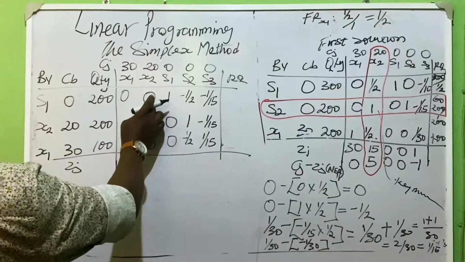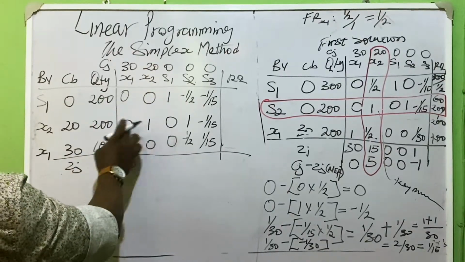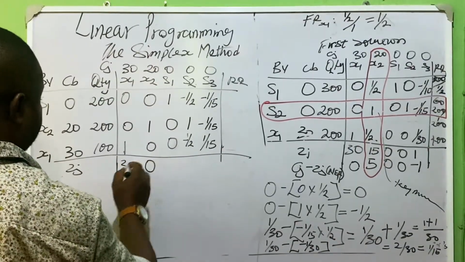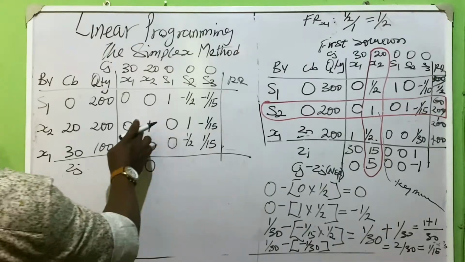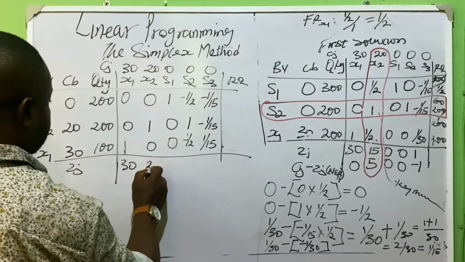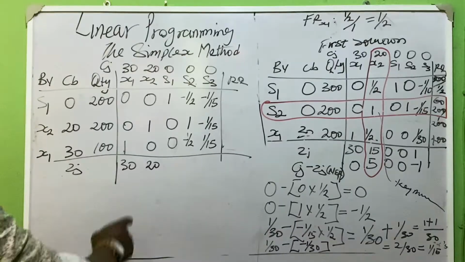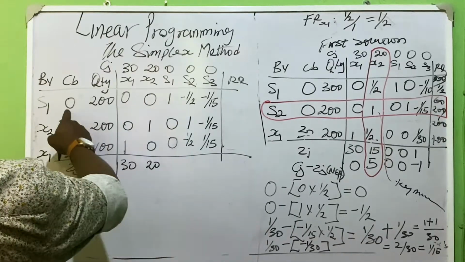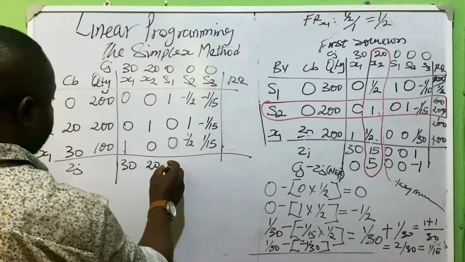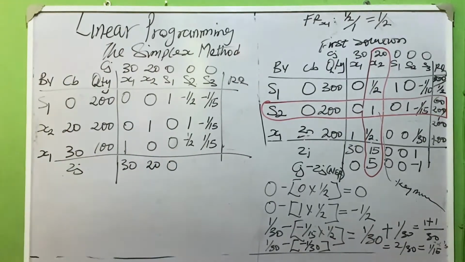For x2 it is 0 times 0, 0, 1 times 20, 20, so we're going to have 20. Then for s1, 1 by 0, 0, 0 by this 0, 0 by this, we're going to have 0.